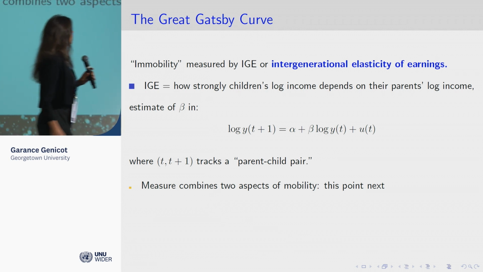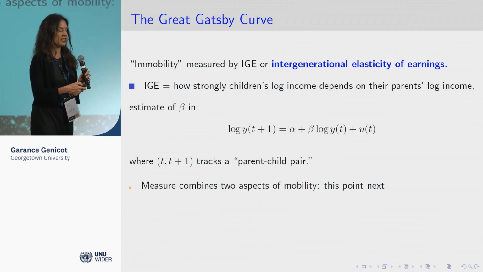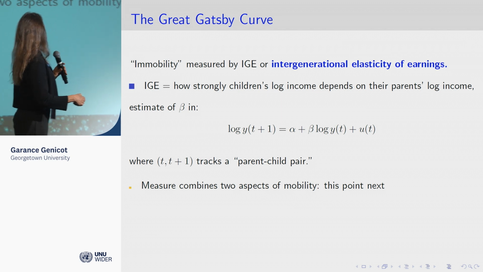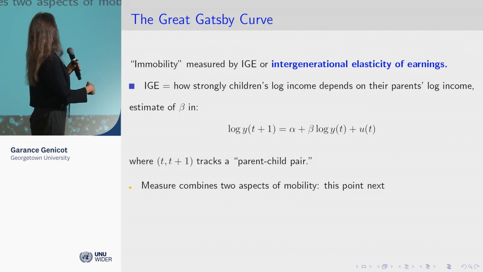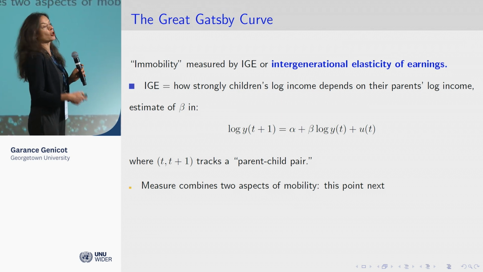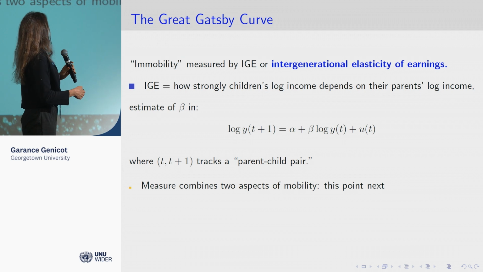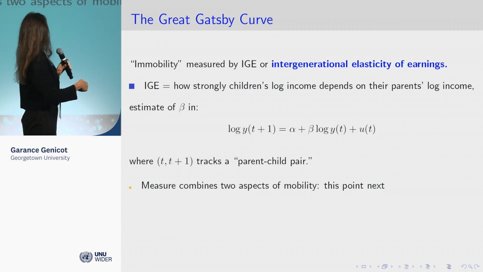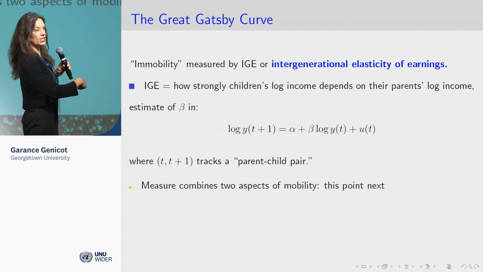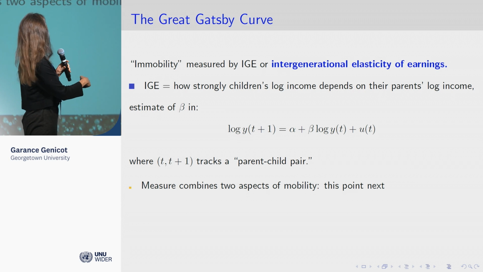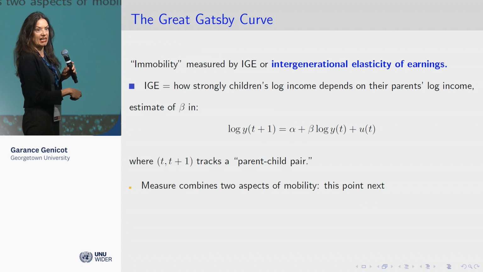Okay, what is the IGE? The intergenerational elasticity of earnings. This is how strongly children's log income depends on their parents' log income. So if I think about two generations, t and t plus 1, you take the next generation's income, t plus 1, and you regress it in a linear relationship on the log of the parental income.